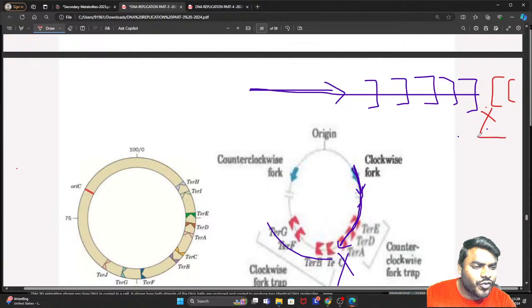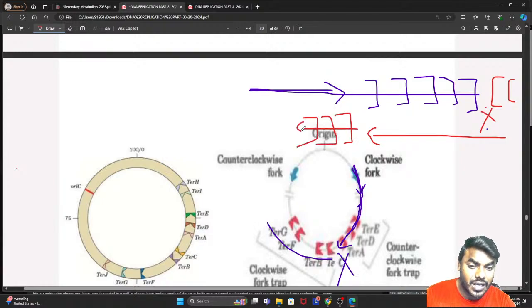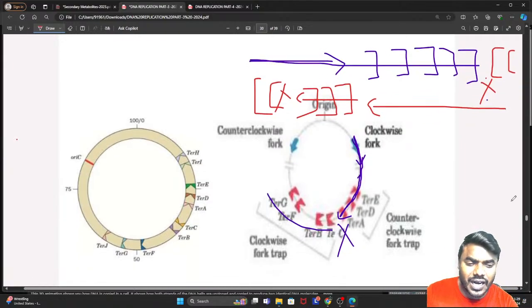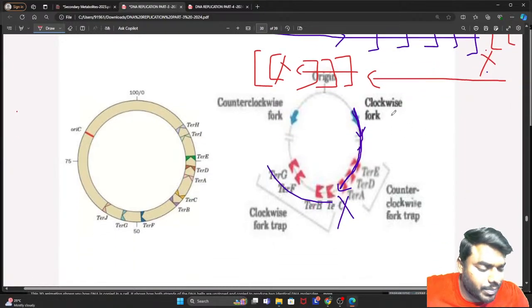Similarly, whenever a fork is moving in this direction, it can easily cross whatever sites are present in the same direction, but whatever sites are present in the opposite direction, it will block over there. So listen, all the students, try to understand my point very correctly.